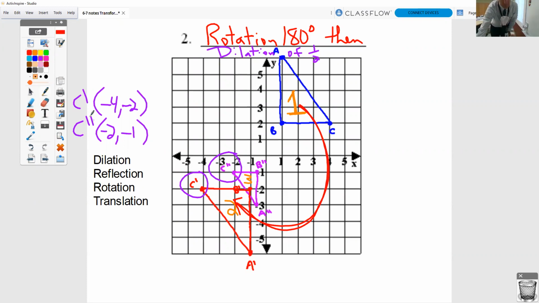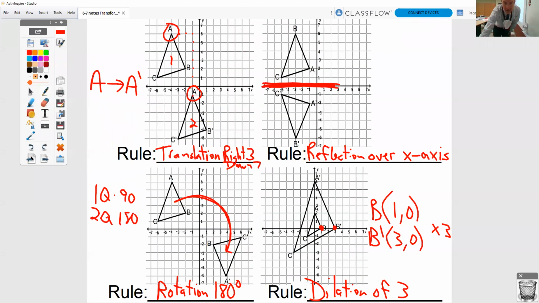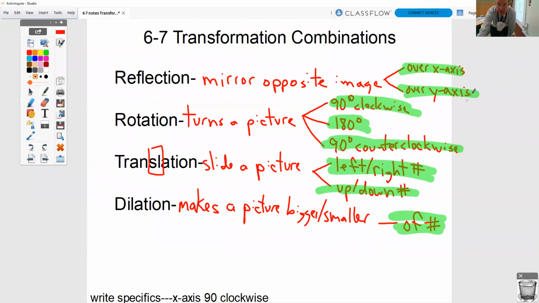Again, you have to make sure that you are specific in how you are labeling these. You have to say reflection over the X or Y axis, rotation of 90 degrees clockwise, 180 or 90 degrees counterclockwise, translation, how many left or right, how many up or down, and then a dilation of how many, what are you multiplying?